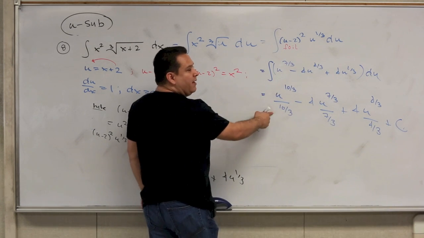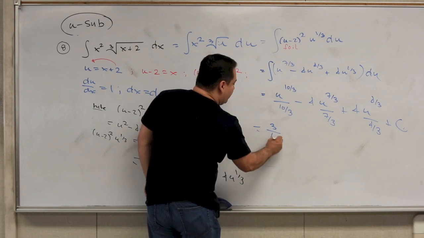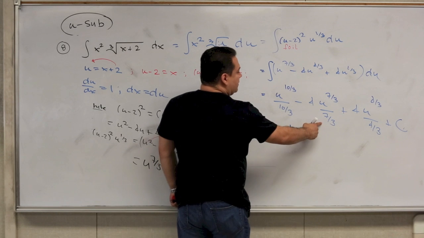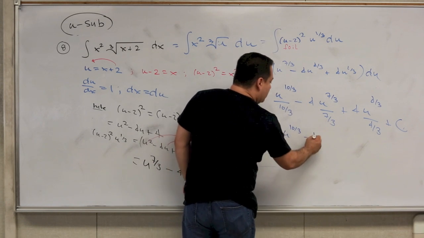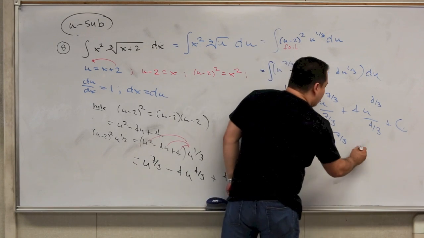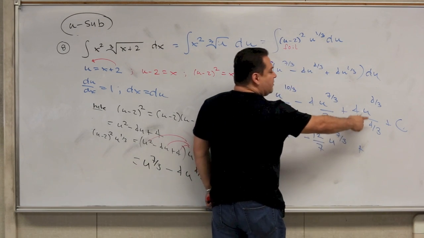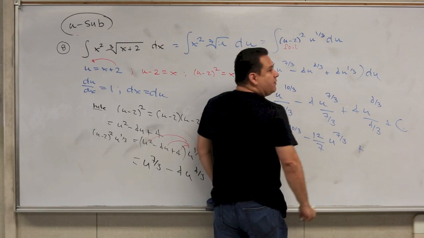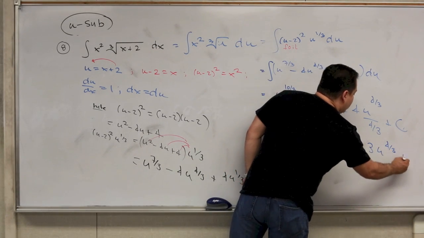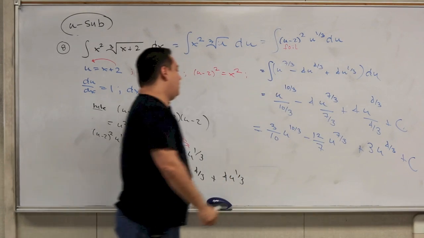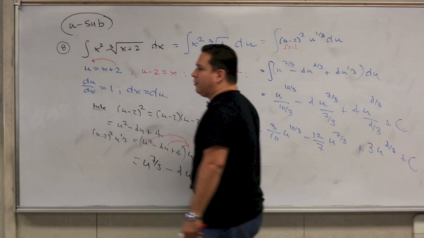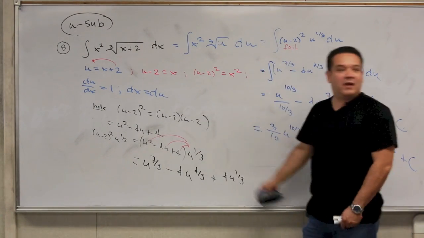Now, whole number divided by a fraction again, you get 3 over 10 u to the 10/3 minus, isn't that 3 times 4, 12 over 7 u to the 7/3, plus 4 times 3/4, what's 4 times 3/4? That'll be plus 3u to the 4/3 plus your c. Okay, now this is in terms of u. Can I erase the algebra? You guys have that? Okay, erase the algebra. I'll get out of the way.